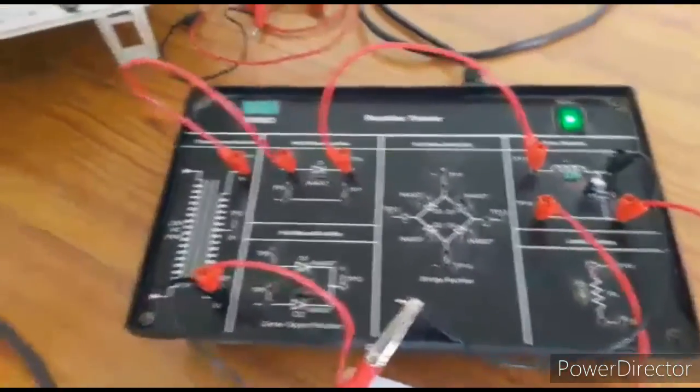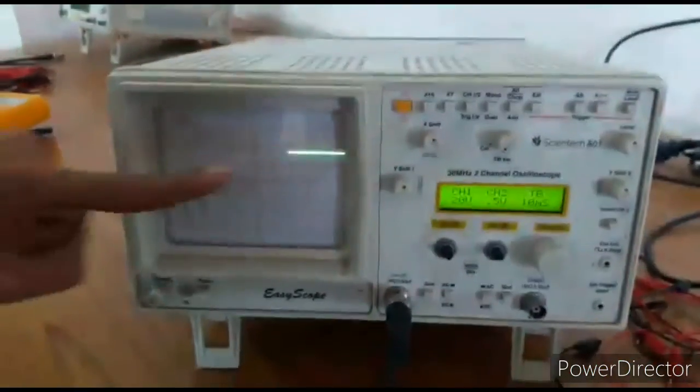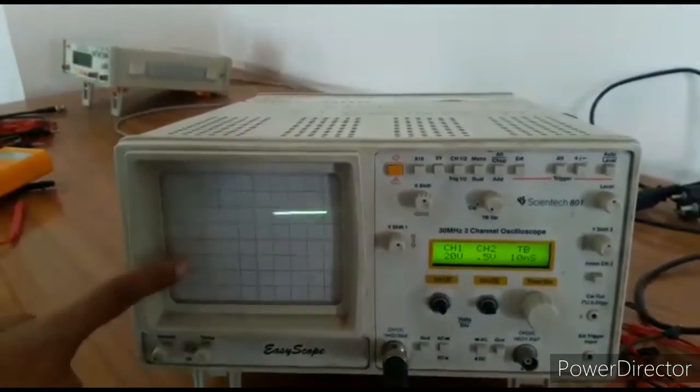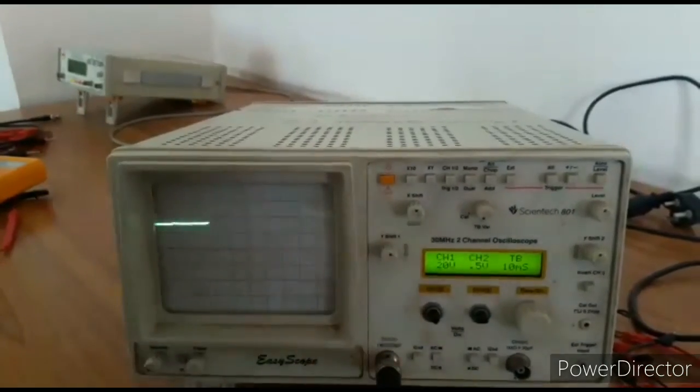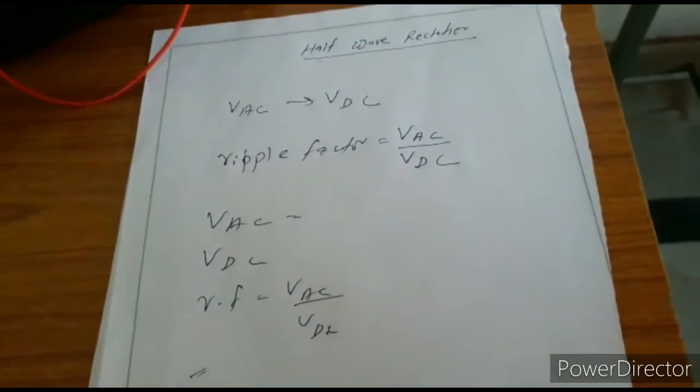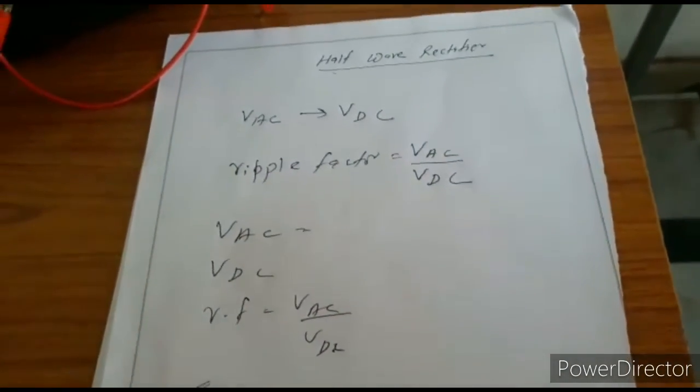So this is our DC. After the filter, we are getting DC voltage, pure DC. So this output is across the filter circuit. In this way we will calculate its ripple factor, and we are seeing how the half-wave rectifier converts AC voltage into DC voltage.